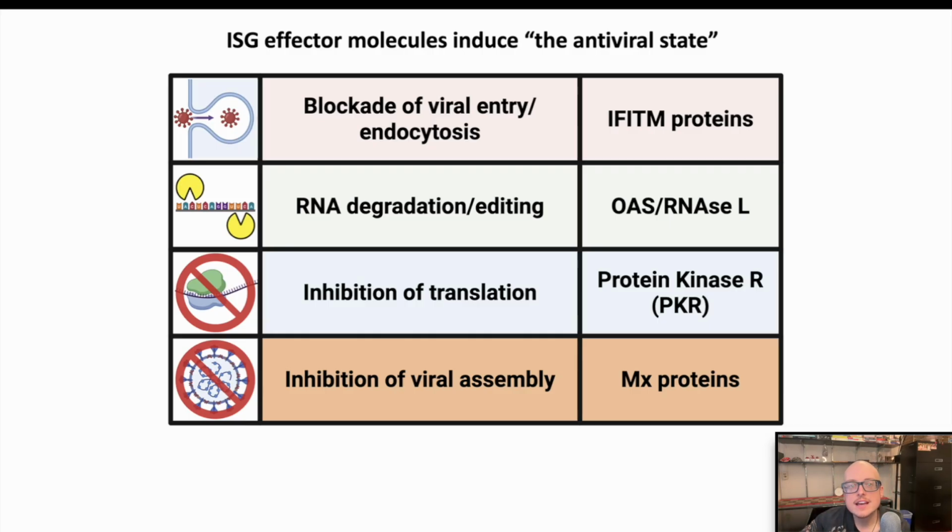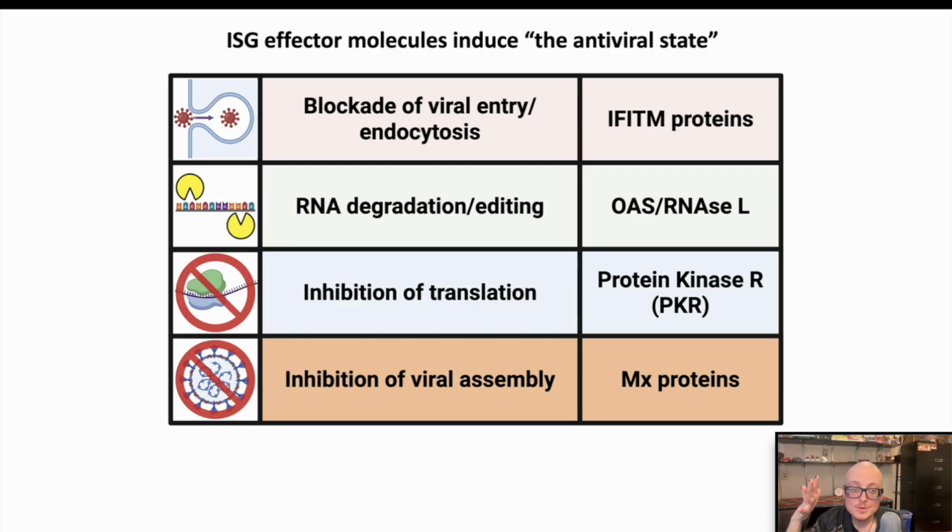And I should say that this is true not only in an autocrine fashion. So in our last slide, we saw an example of autocrine interferon signaling, interferon signaling back onto the same cell that made it. But interferon is also acting in a paracrine fashion and signaling onto cells in its environment that are uninfected, which have not yet seen any viral PAMPs.